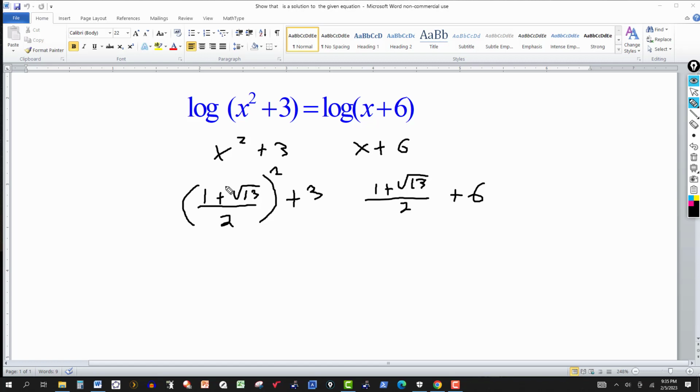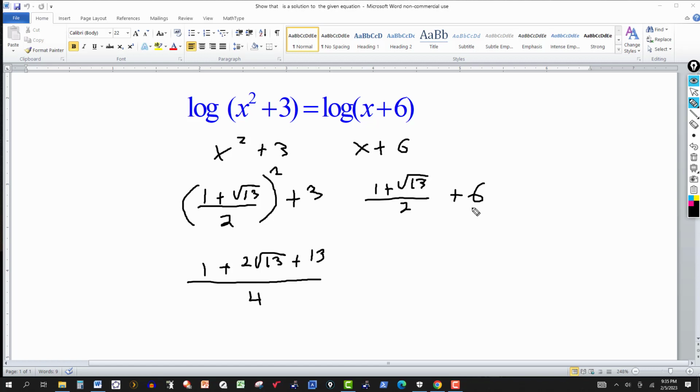So if we square the numerator, it's going to be 1 squared, which is 1, plus twice the product of these two terms. 1 times radical 13 is radical 13, and then times 2. And then it's plus the radical squared. Square root of 13 squared just gives me 13. And then we square the denominator. 2 squared will be 4.